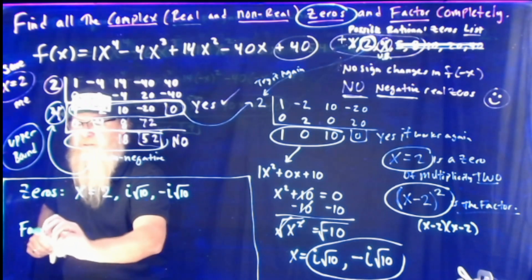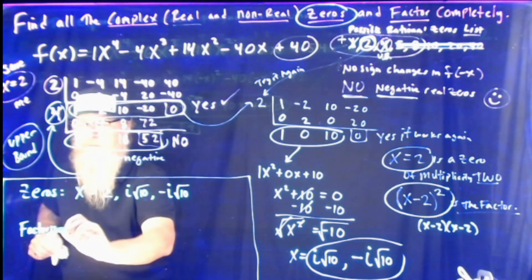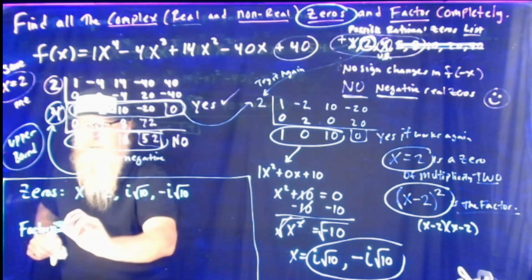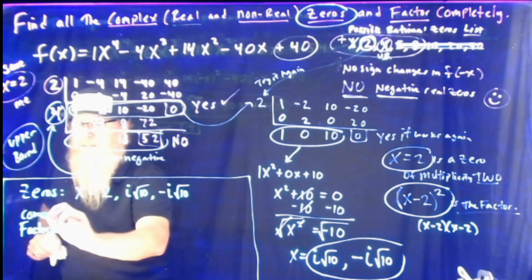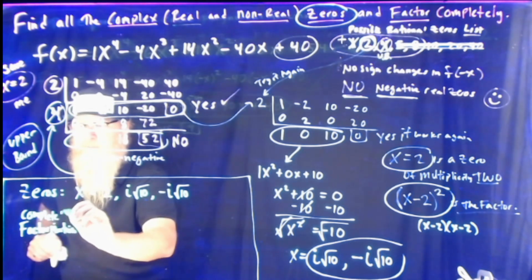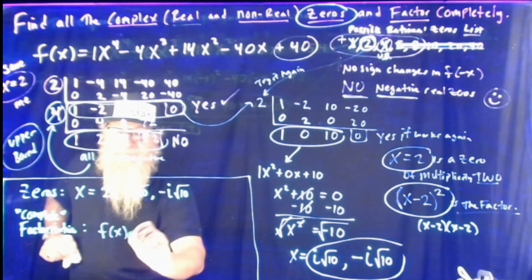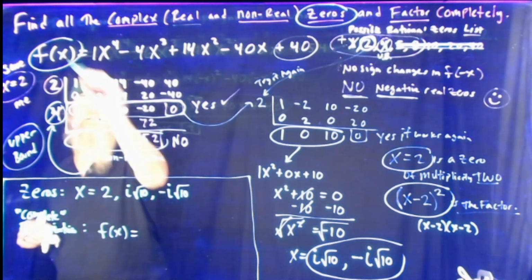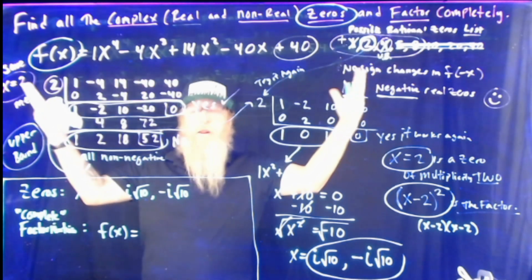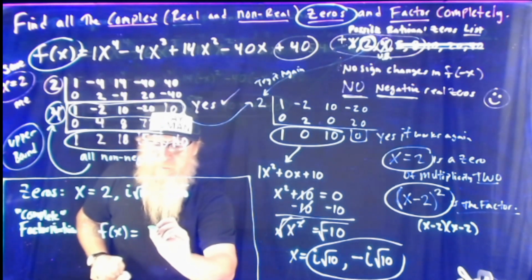And so the factorization, we call this the complete factorization because it's completely factored. That's rewriting the function f of x not as an expanded polynomial, but as a factored polynomial.